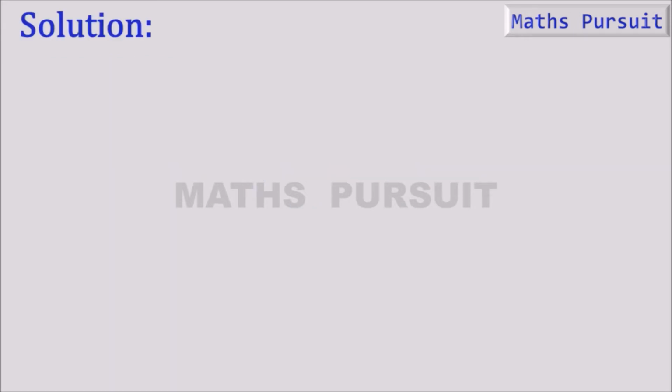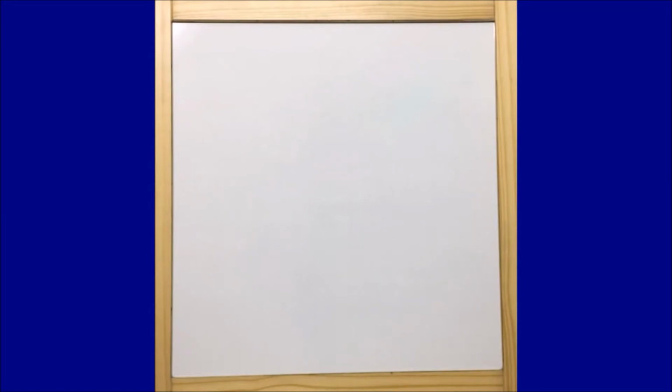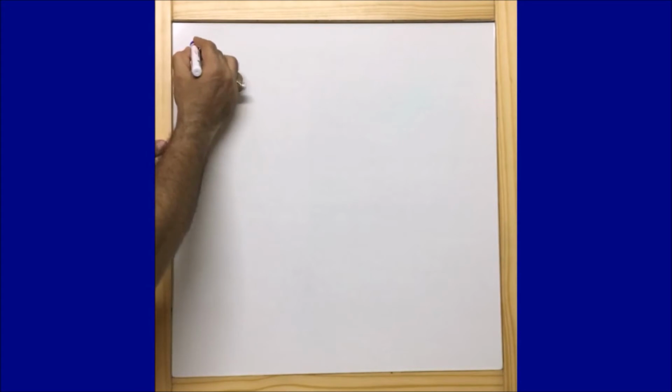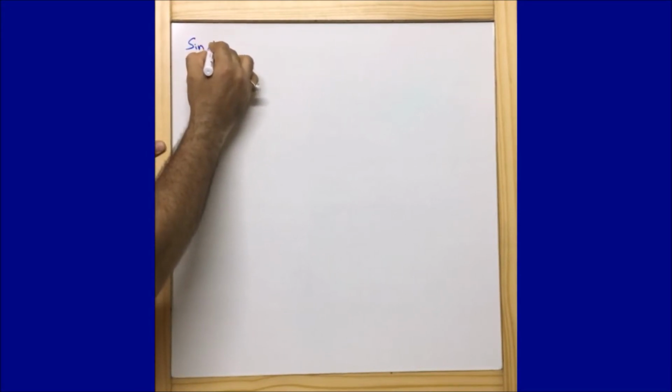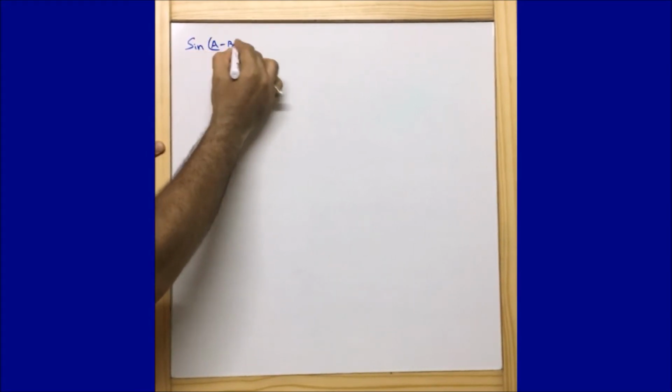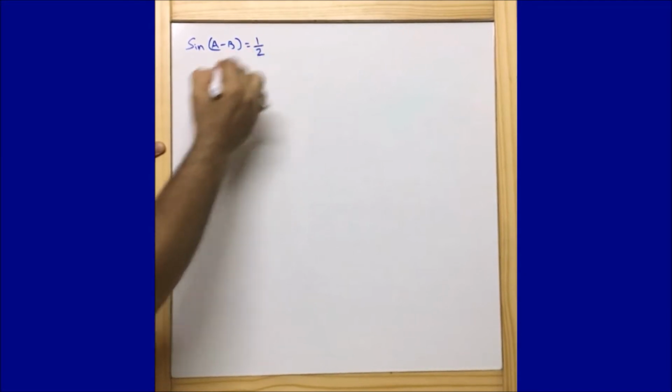Moving on to the solution. As per this question, it is given that sin(A − B) is equal to 1/2, and cos(A + B) is equal to 1/2.